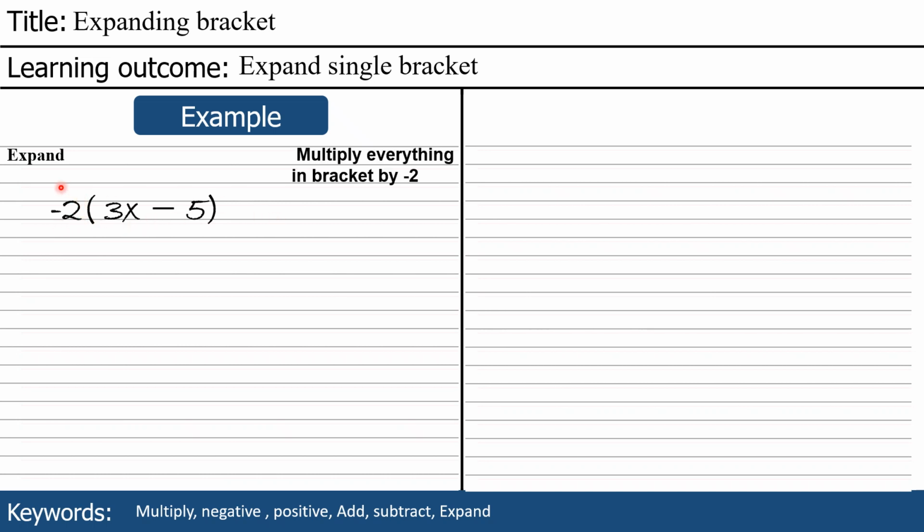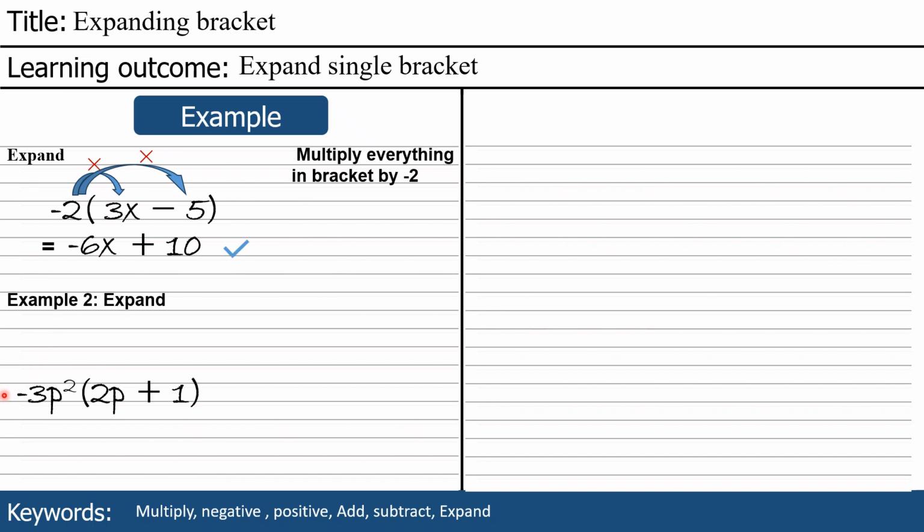So it's negative 2 multiplied by 3x, and that is negative 6x. Then negative 2 multiplied by minus 5, and that will give you positive 10. Remember, a negative multiplied by a negative will give you a positive. Let's go on to our next question.